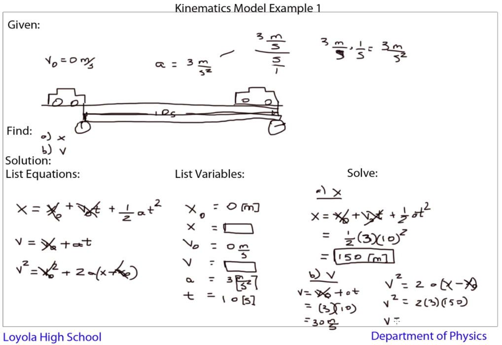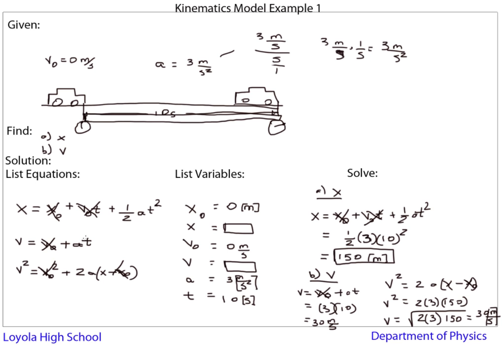So v is equal to the square root of 2 times 3 times 150, and if you calculate this out, it'll actually become 30 meters per second as well. You can see that 2 times 150 is 300, 3 times 300 is 900, and the square root of 900 is 30. So either way you do it, you get 30 meters per second.